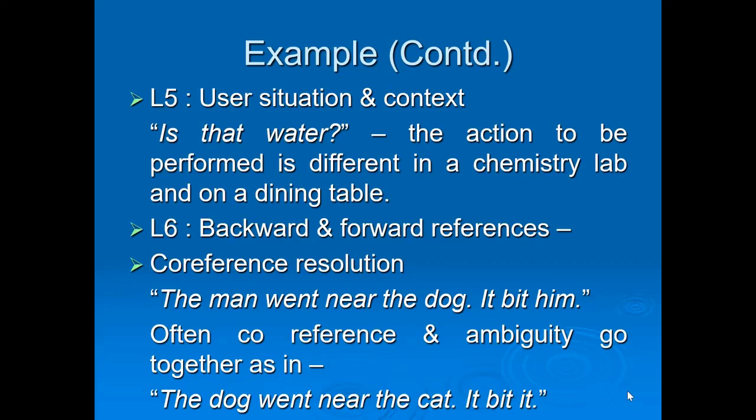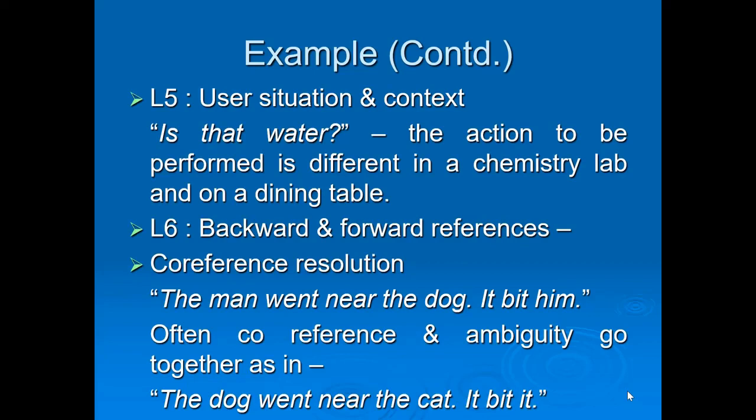Because the backward reference was man, "him" refers to the man and "it" refers to the dog. This is known as co-reference resolution. By considering the backward and forward references, we get the meaning of a particular sentence.